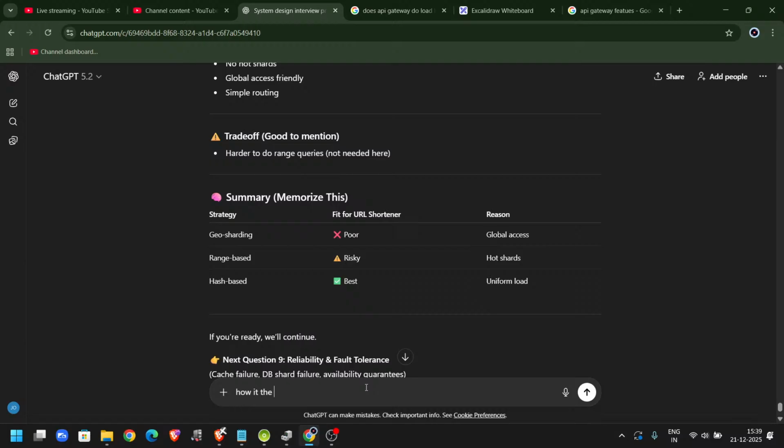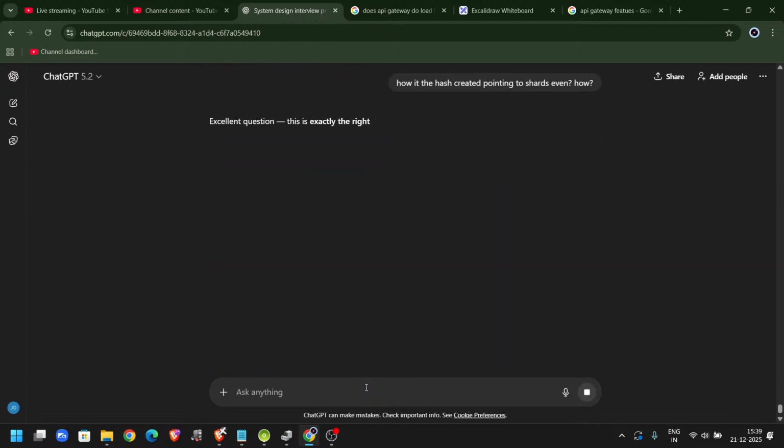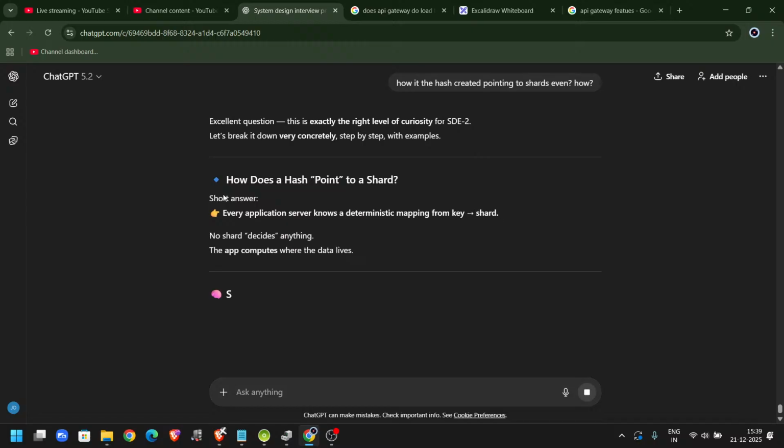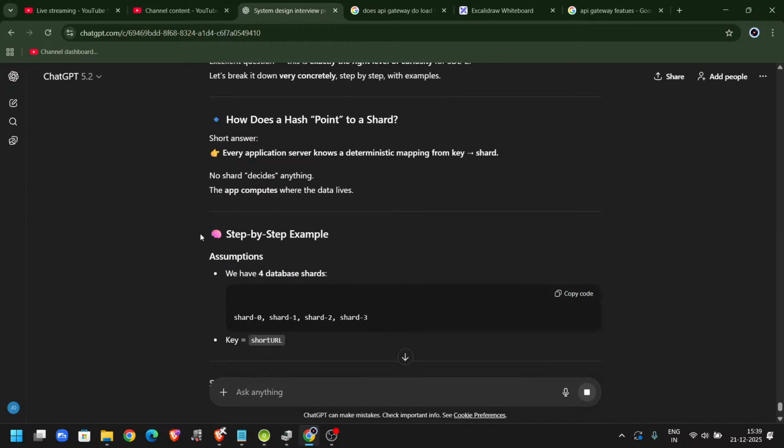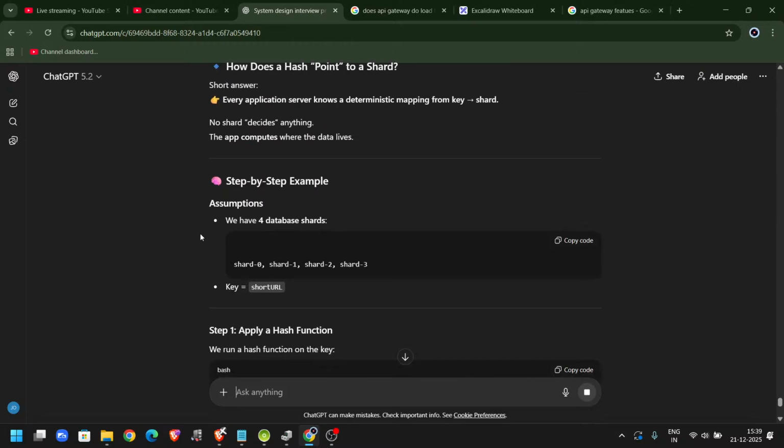How is the hash created? How does it point to shards? Every application server knows a deterministic mapping from key to shard.